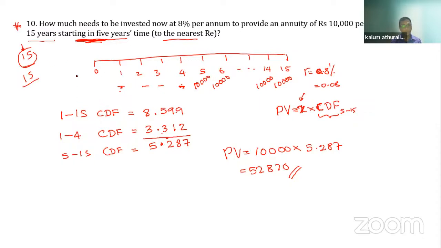Yes, your assumption is correct. Then the 15 years means starting from 5, the first payment, second payment, third payment, up to 15 payments. 15 payments means years 1, 2, 3, 4, 5 up to the 19th. Yes, correct. Up to the 19th. Yes, you are also correct.